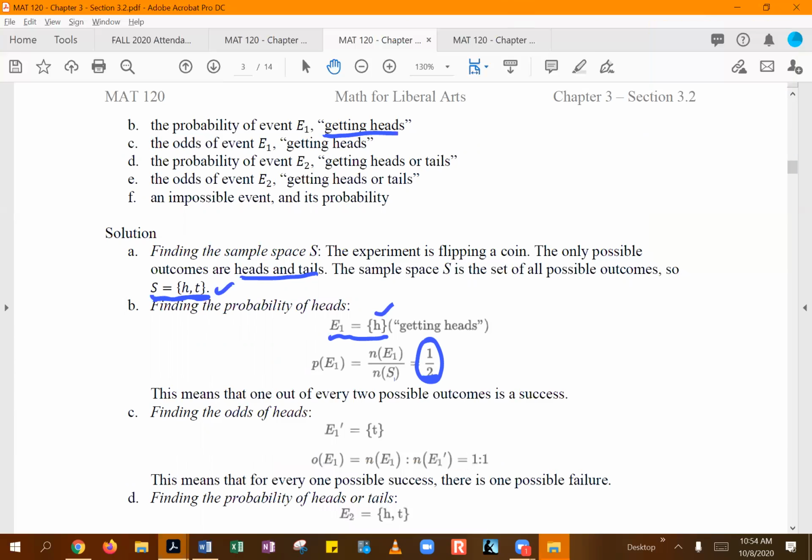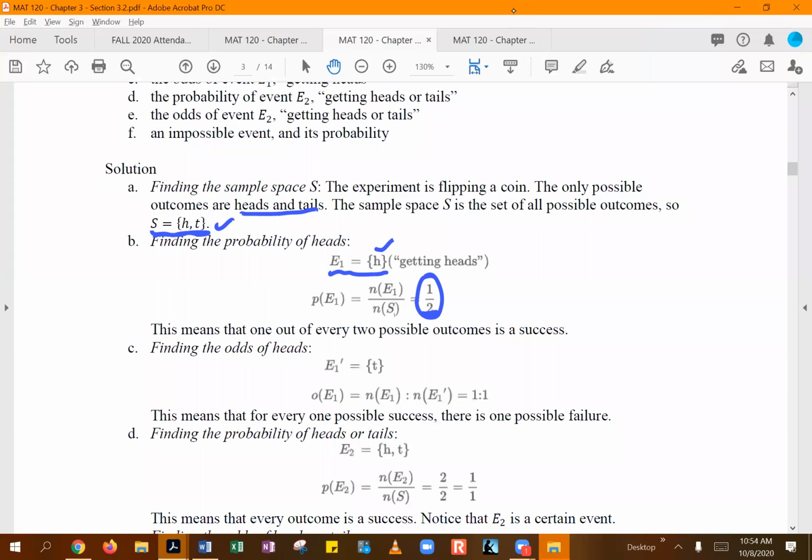But when you're writing this as odds, and this is what I was talking about, you take the number in your event and compare it to the number in the complement of the event. So in the event E1, since you have H, in the complement of that event, you will have T. So that's our comparison of 1 to 1.